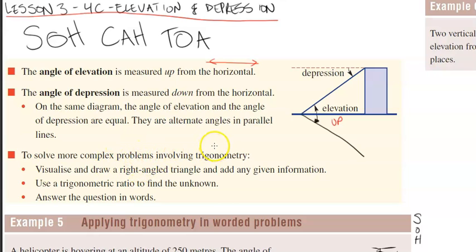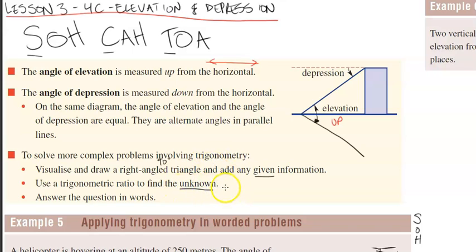For now, in order to be able to solve more complex problems involving trigonometric functions or trigonometry, we need to visualize and draw a right angle triangle. No matter what type of question we get, we always draw a right angle triangle, so a triangle that has 90 degrees, and add any information that has been provided or given to us. We're going to fill in the gaps. Then we're going to use a trigonometric ratio, either sine, cos, or tan, to find the unknown. There will always be an unknown.